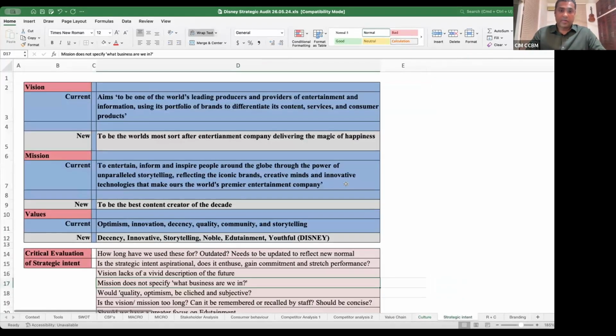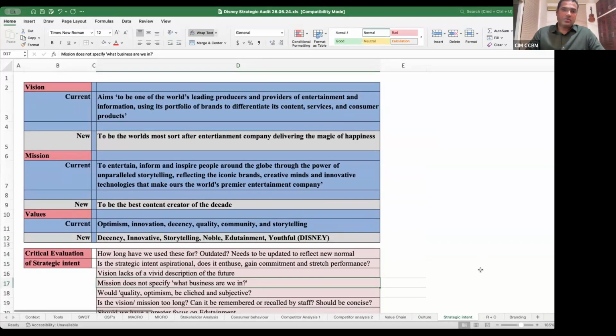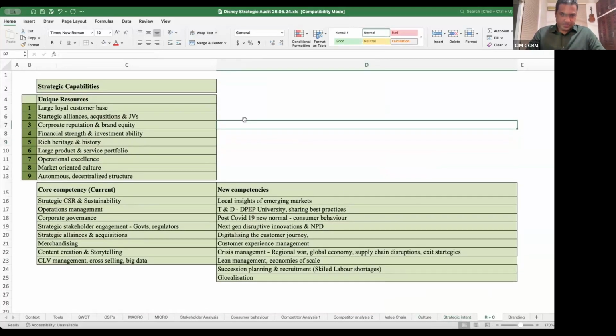So I want to talk to you about today's task 1B. Before I go into the strategic intent, I want to talk about the resource and capability analysis.